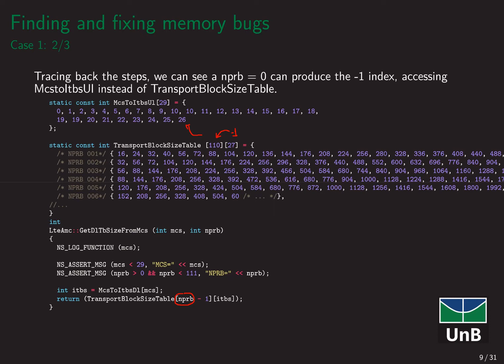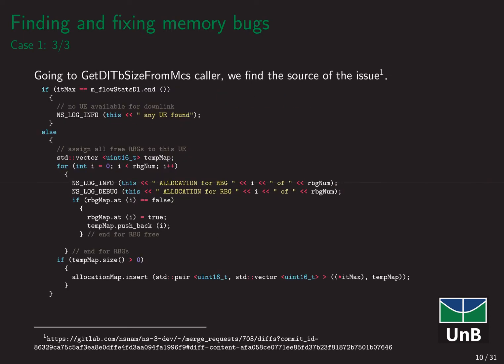By looking even further back on the trace, we need to check who calls get DL TB size from MCS, which provides that NPRB value. By tracing back from LTEMC, we find a specific code from one of the LTE resource schedulers.